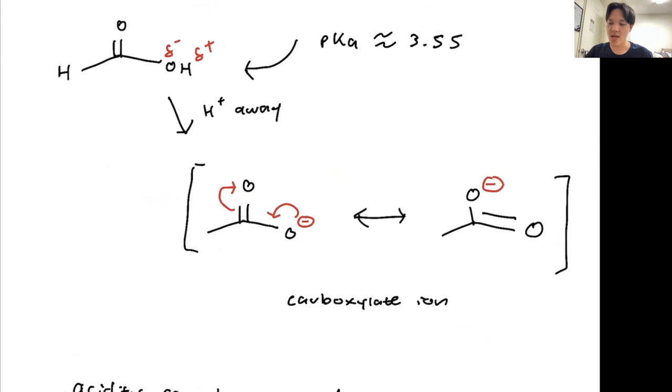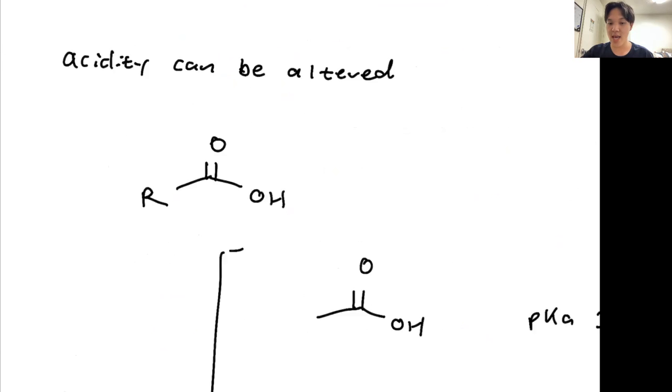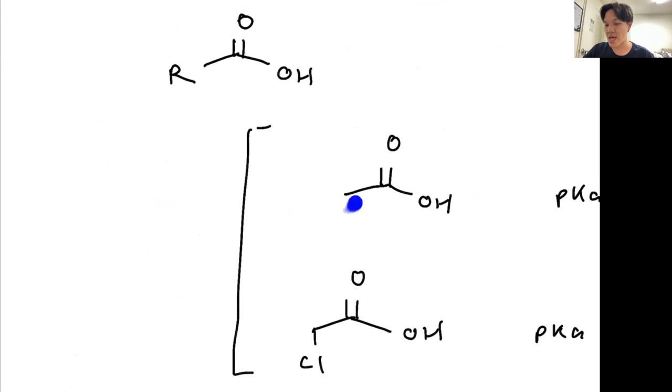And actually, how acidic this H is can be altered. So it can be more acidic or it can be less acidic, right? Depending on what situation you want it to be. So let's take a look at where this side over here is an R group, right? It can be any group. In this case, let's have it be a methyl, CH3.